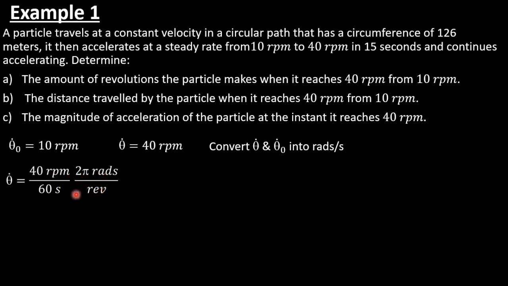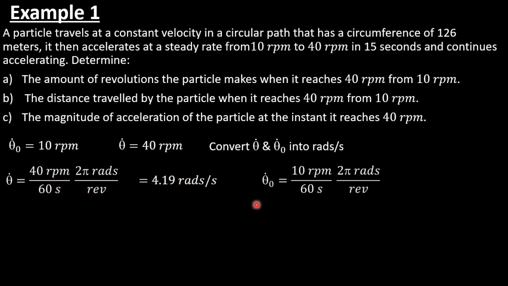If I do that, I get 4.19 radians per second. And if I do the same thing again for θ dot sub 0, I get 1.05 radians per second.